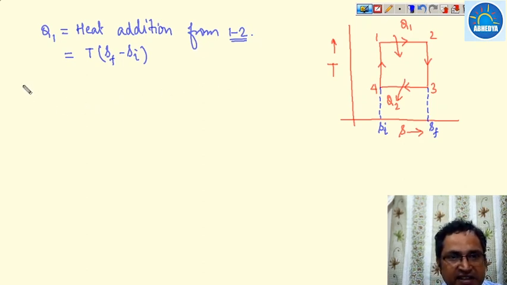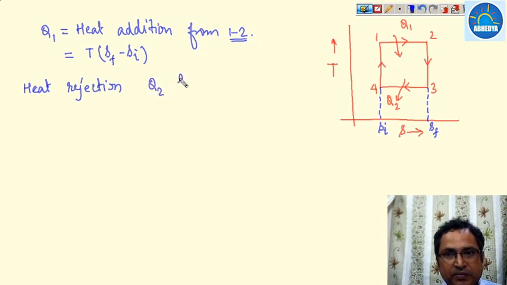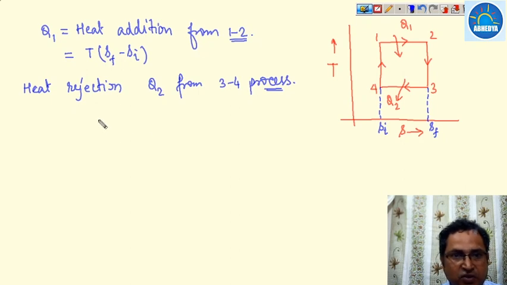And what is heat rejection? Q2 from the 3 to 4 process. So what is the value of Q2?